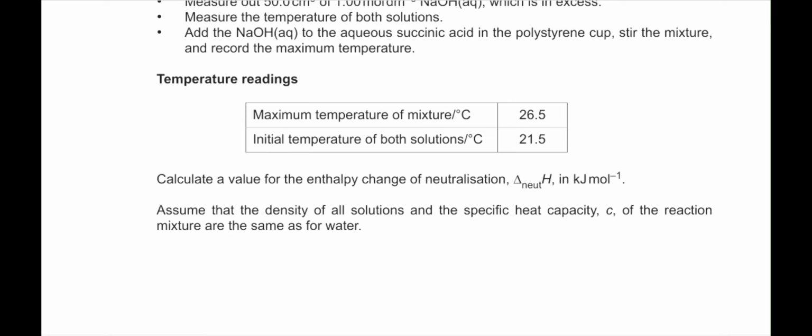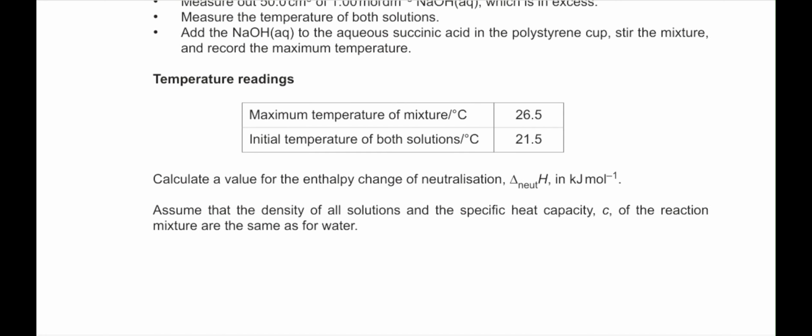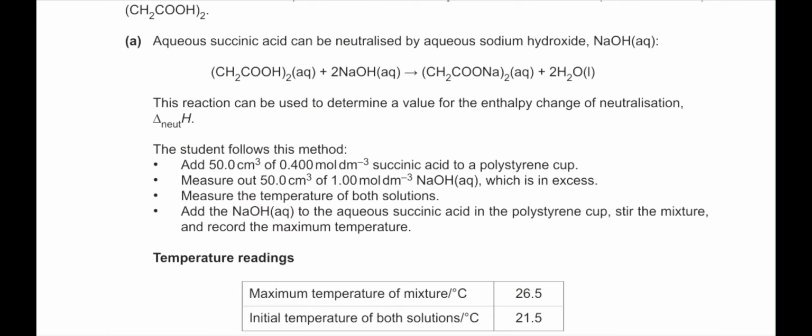Assume that the density of all solutions and the specific heat capacity C of the reaction mixture are the same as for water. Let us remember that the definition for the enthalpy of neutralization is the enthalpy change when an acid and a base react to form exactly 1 mole of water under standard conditions. The correct approach for this question is to identify the limiting reagent.